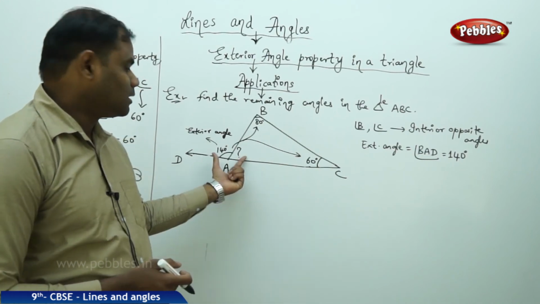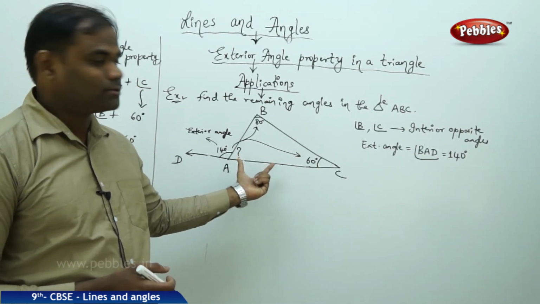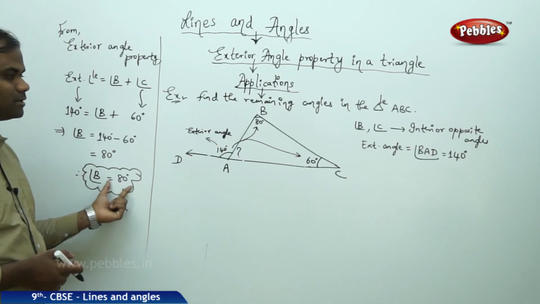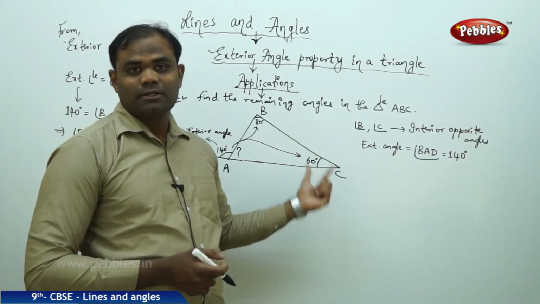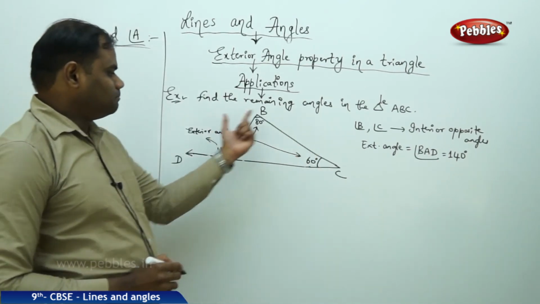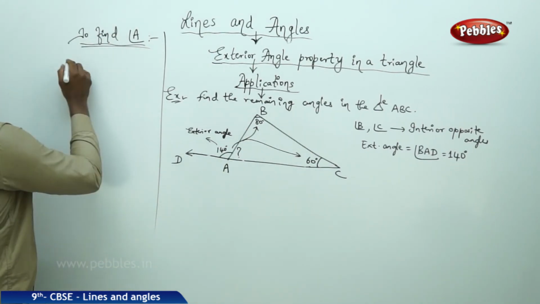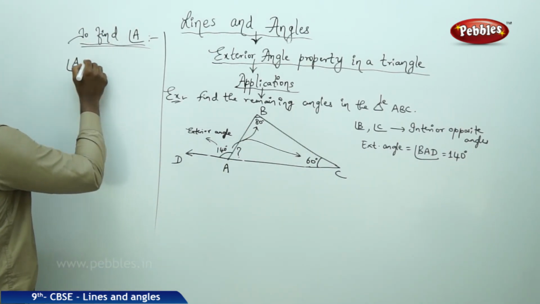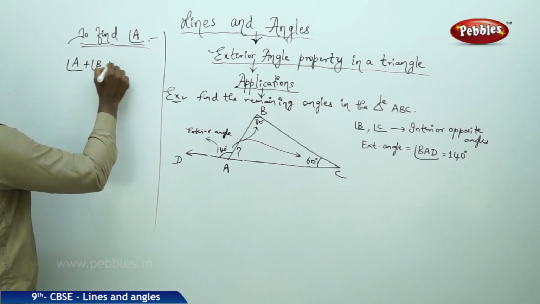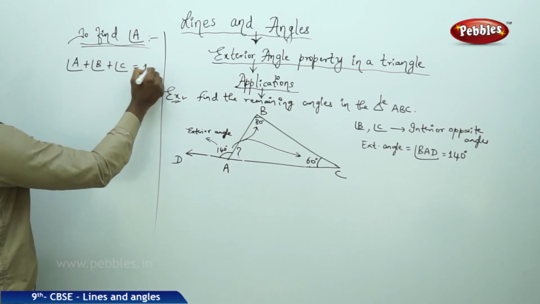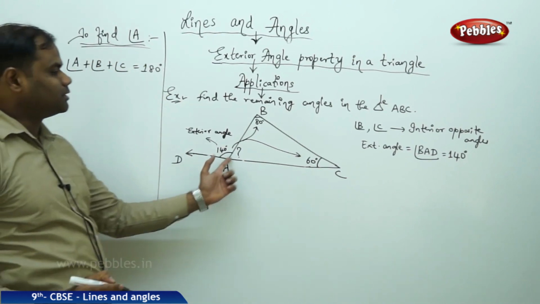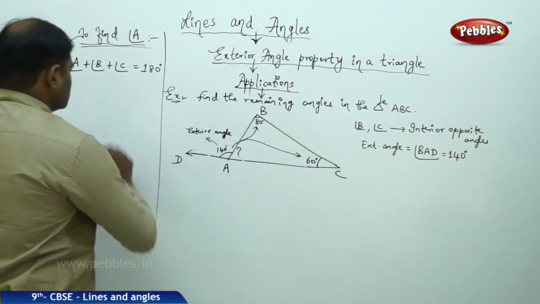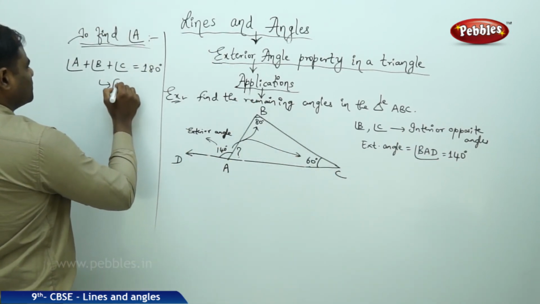So let's see how to find angle A using angle B equals 80 and angle C equals 60. Now here, using the angle sum property, angle A plus angle B plus angle C is 180 degrees in this triangle ABC.